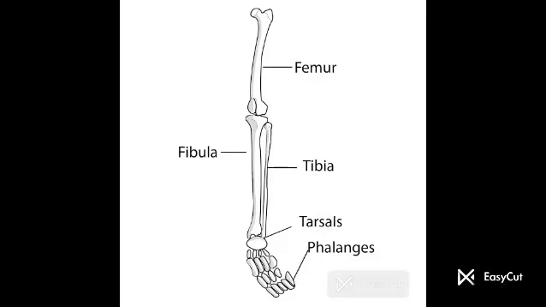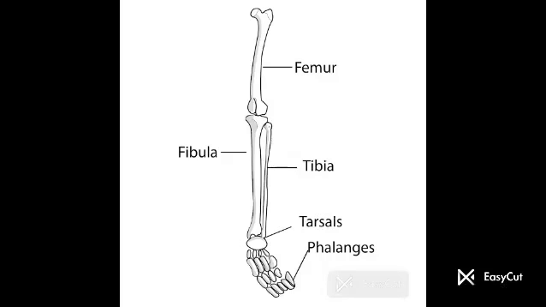Next, let's have a look at the bones of the hind limbs. The hind limbs consist of 60 bones, in which 30 bones are present in each limb. Looking at the bone distribution, the first bone of the hind limb is the femur, also called the thigh bone.